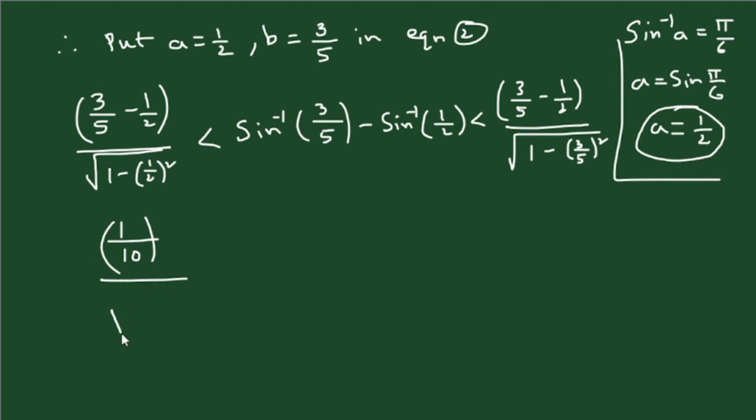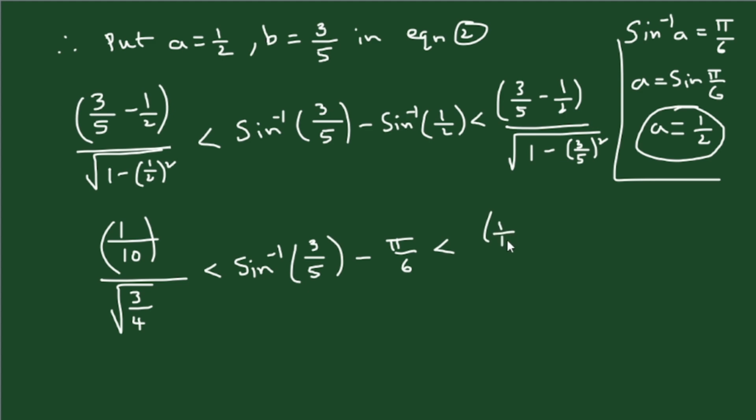In the denominator, it is 1 minus 1 by 4, it is 3 by 4, less than sin inverse 3 by 5 minus sin inverse half, which is pi by 6, less than, again this is 1 by 10 by square root of 1 minus 9 by 25.